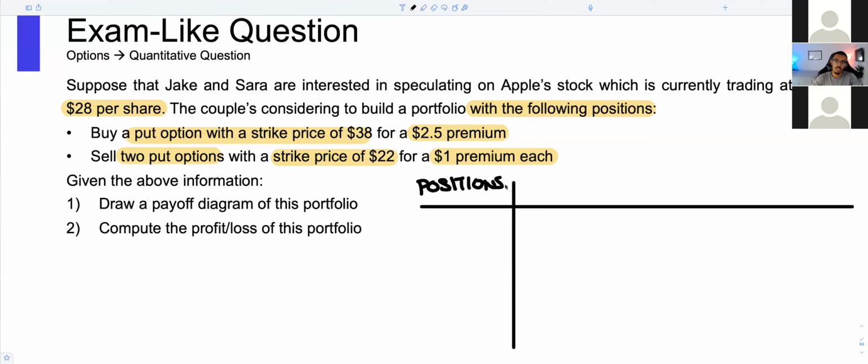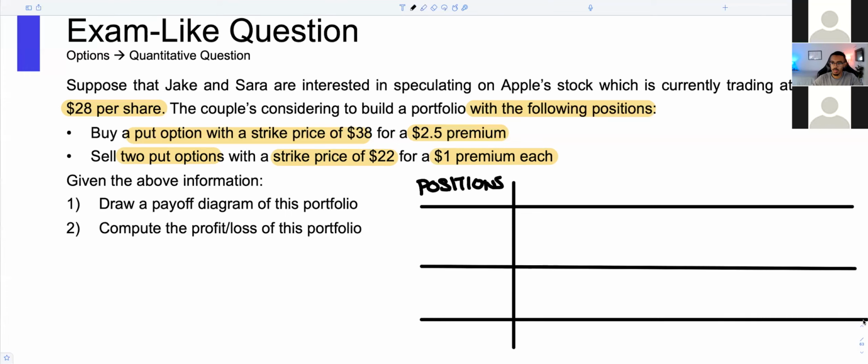I'm sorry if it's not the cutest thing ever, but your positions. In this case, we're going to have two distinct positions. The first one is buy a put at $38.